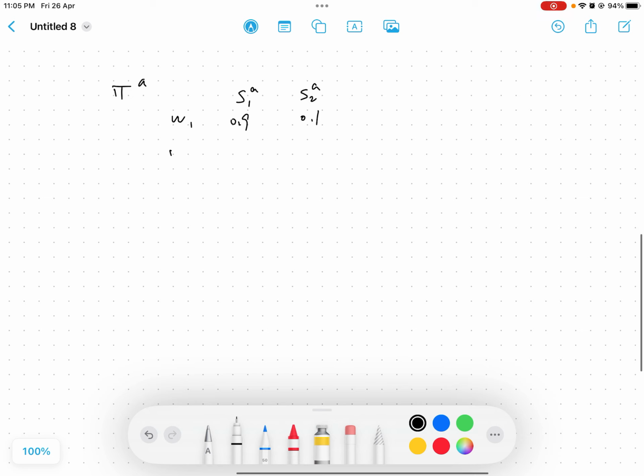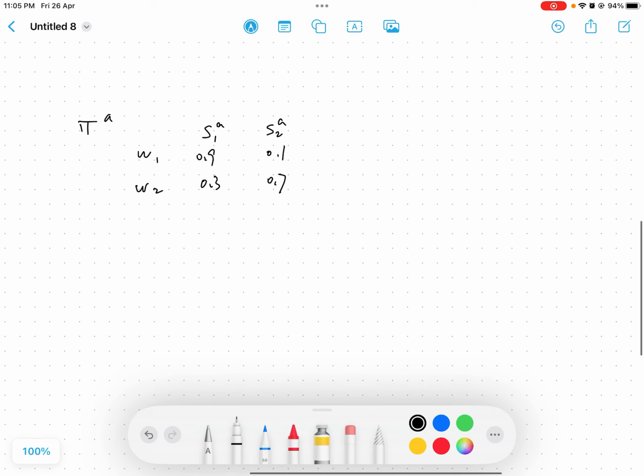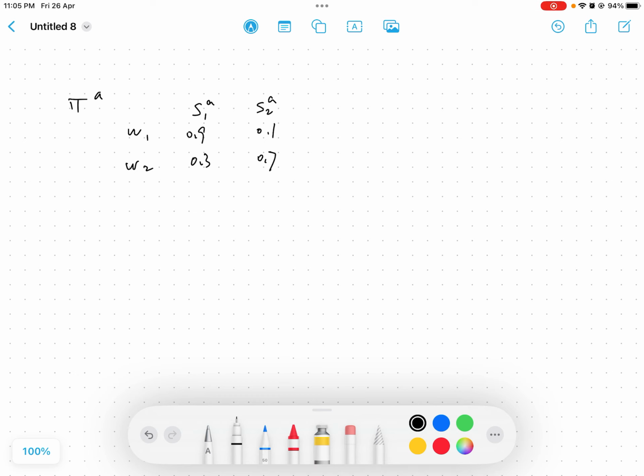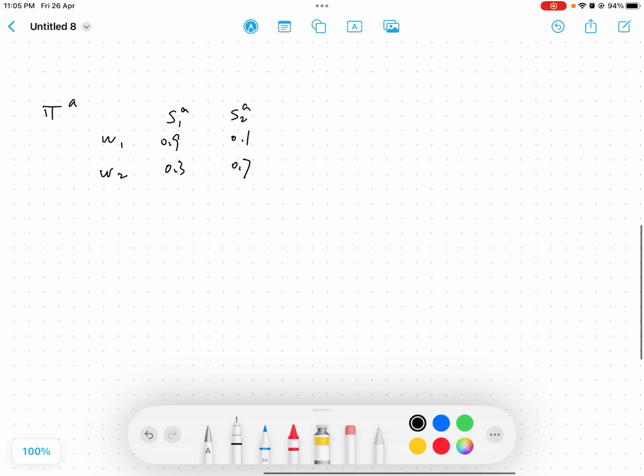Similarly for omega 2, S1a is 0.3, and the probability for sending S2a is 0.7. So this table is for the distribution over the signals given different states. Here we are trying to give another example and compare those two different signals.